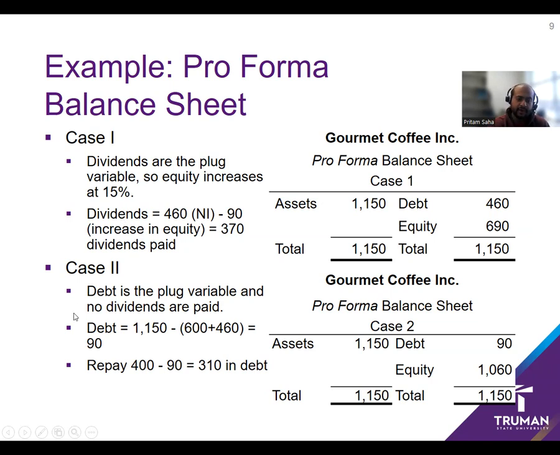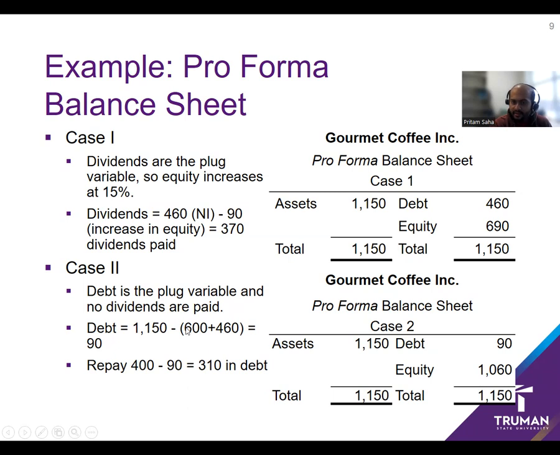In case two, we have decided debt is the plug variable. We'll only play with debt. If you look here carefully, we are keeping all this net income as retained earnings, and then using that net income, we are paying back the debt. Our new asset is 1150.